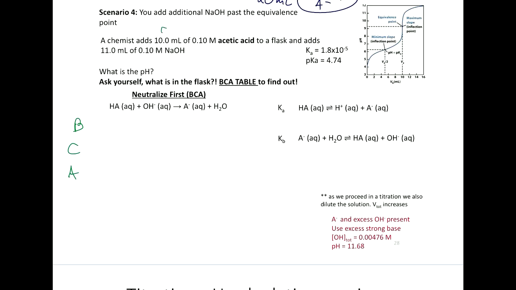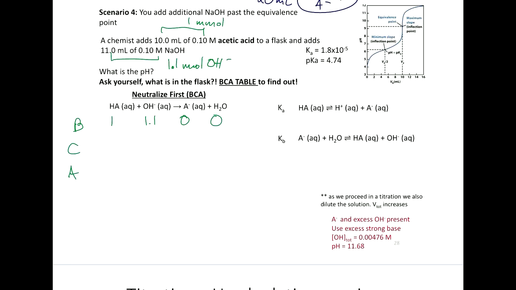We still are starting with 1 millimole of acid, but how many millimoles of strong base am I adding now? 1.1 millimoles of strong base. So I want to put that in my BCA table. So 1 millimole of HA, 1.1 hydroxide. What's my limiting reactant now?